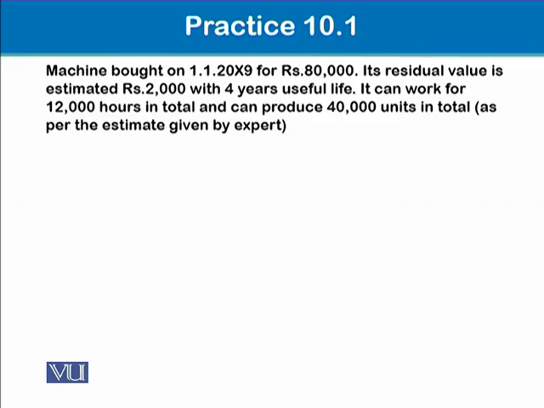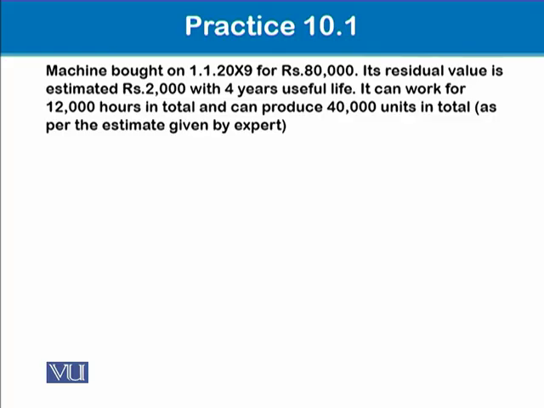So there is a practice question: a machine bought on 1st of January 20X9 for rupees 80,000. Its residual value is estimated at rupees 2,000 with a 4-year useful life, and it can work for 12,000 hours in total and can produce 40,000 units in total as per the estimate given by the experts.